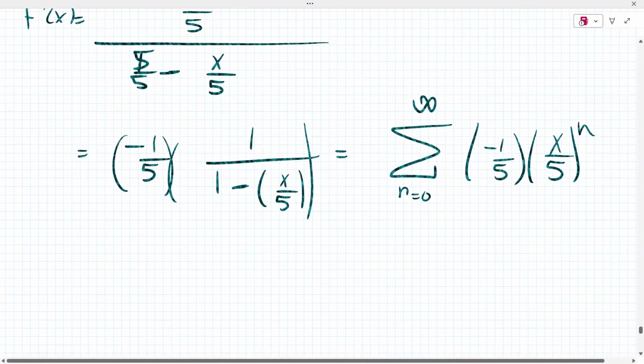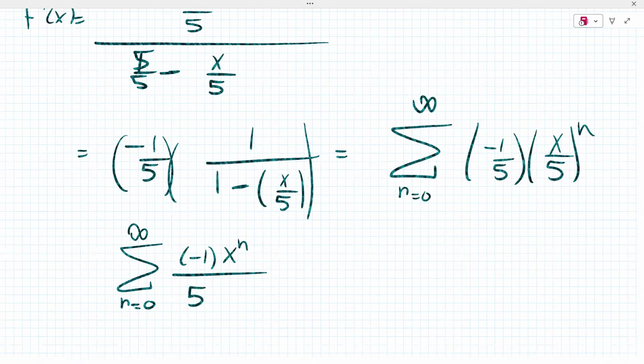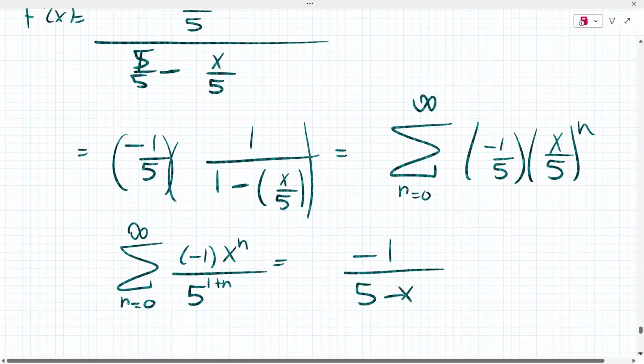Okay, so now we have the summation of n equals 0 to infinity of negative 1 times (x over 5)^n equals negative 1 over 5 minus x. Now what we have to do is integrate.